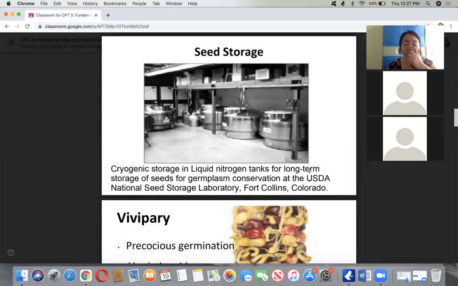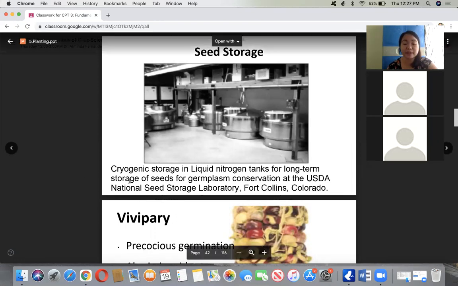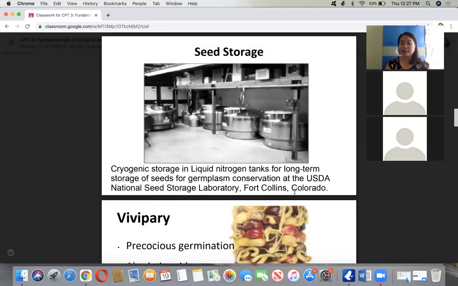And this is a photo of the USDA, the United States Department of Agriculture National Seed Storage Laboratory, found in Colorado. Although we also have a seed bank in the Philippines, especially at the International Rice Research Institute. They use liquid nitrogen, and I know you are familiar with liquid nitrogen, right?